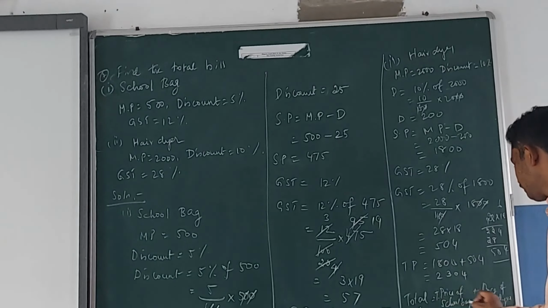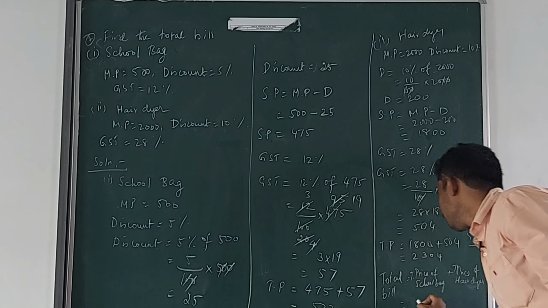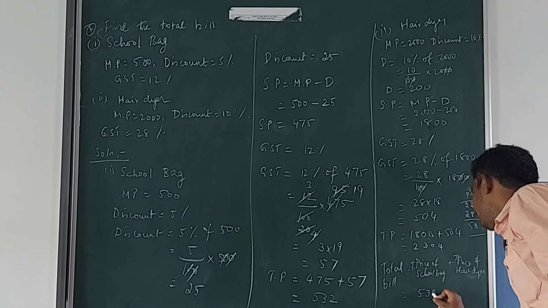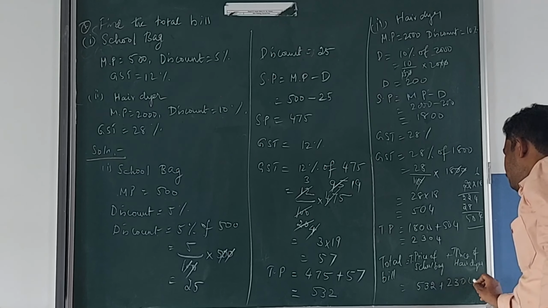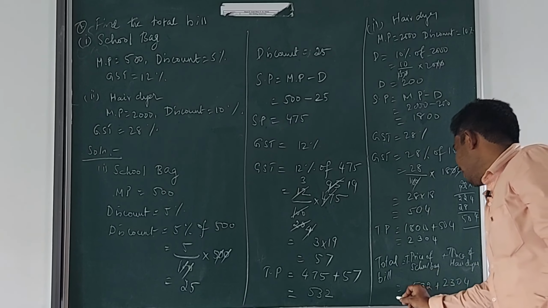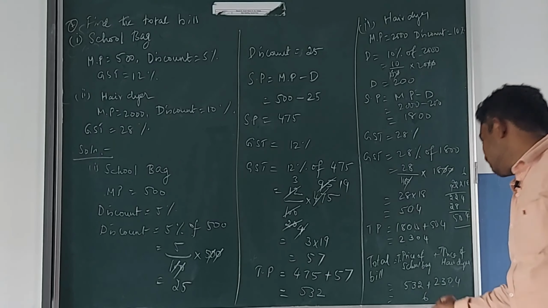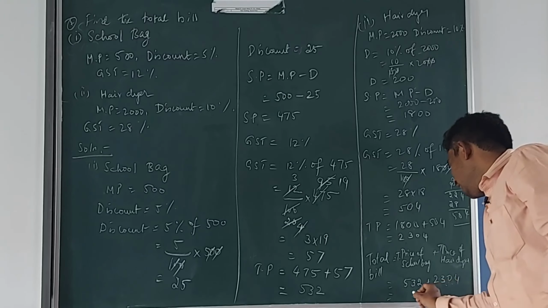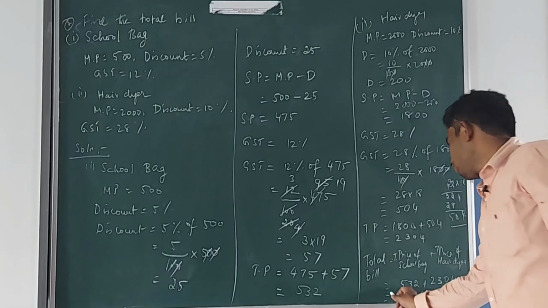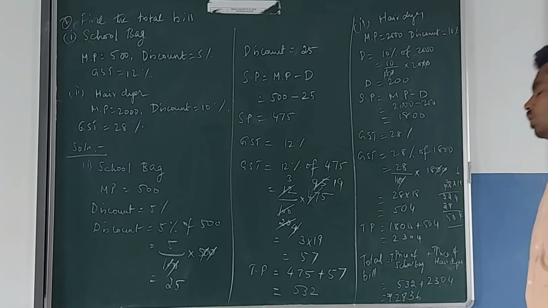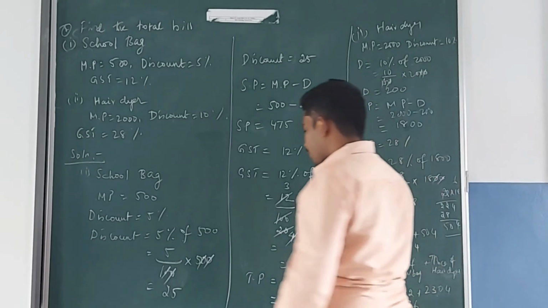The total price. So 532 is the school bag amount plus 2304 is hair dryer. So add both values, 2 plus 4 6, 3 plus 0 3, 5 plus 3 8, 2. So the total bill is 2836.